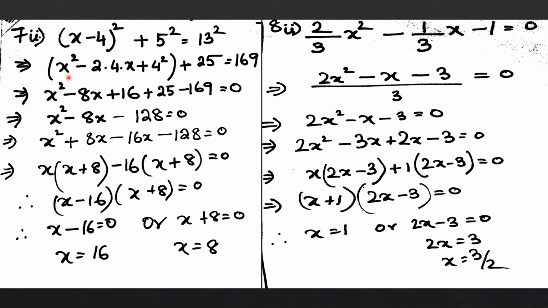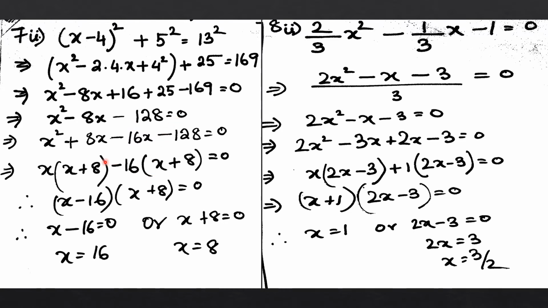If I expand this, I get x square minus 8x plus 16 plus 25. Bringing 169 to the left hand side, it becomes minus 169. So it comes to x square minus 8x minus 128.